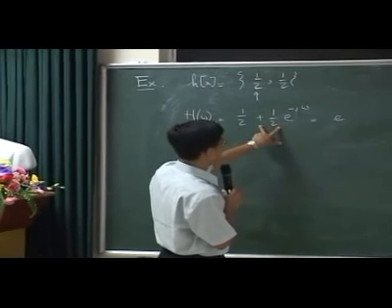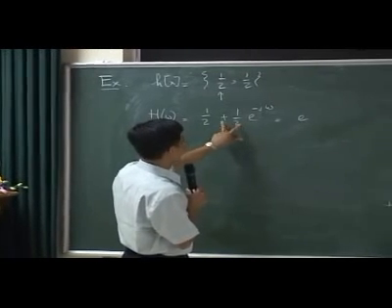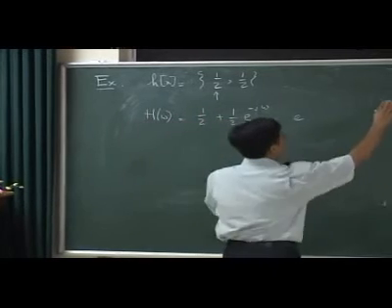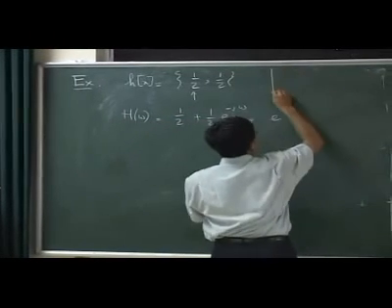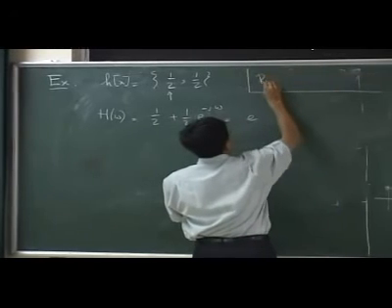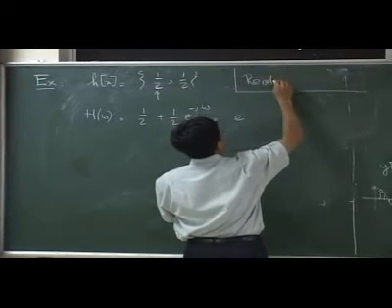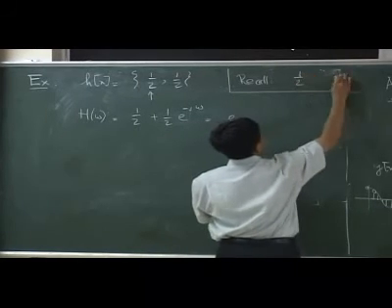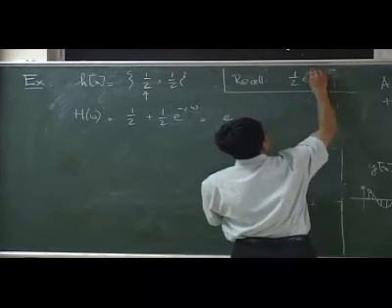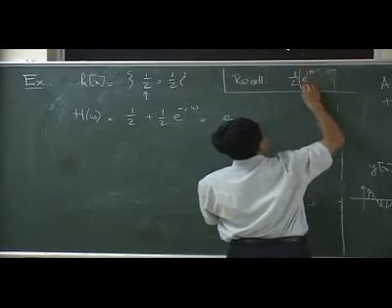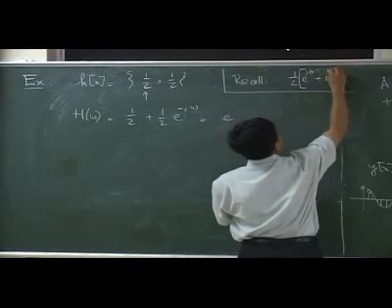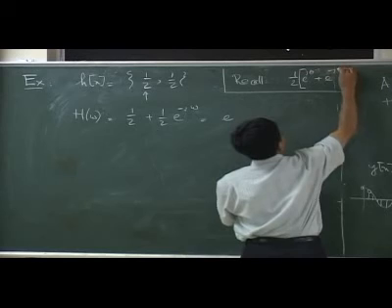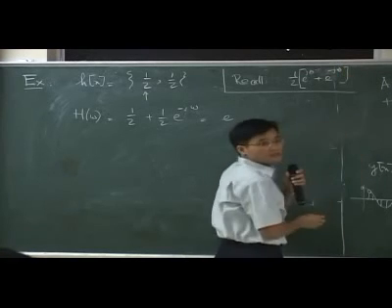So this is a pair of complex numbers, and remember that if I have 1/2 e^(j theta) plus e^(-j theta), what does that give me?